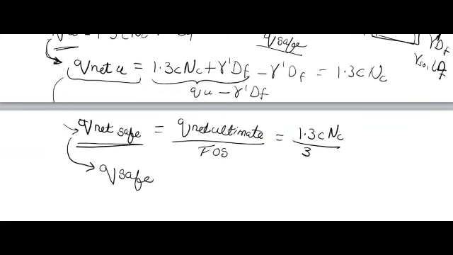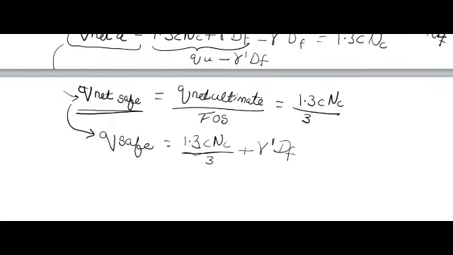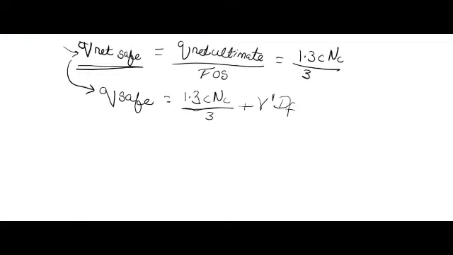Then we have to add again the pressure due to soil which was removed earlier, that is 1.3 c Nc by 3 plus gamma dash dF. This is how we find the Q safe. This is the whole process of finding Q safe.